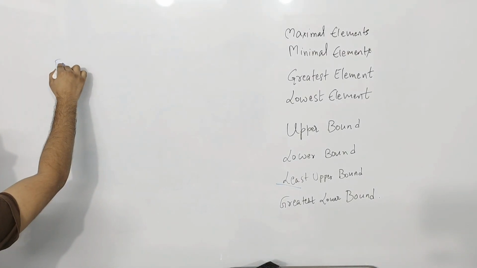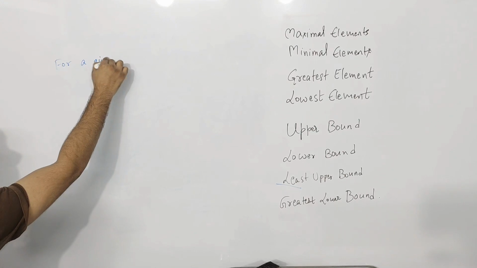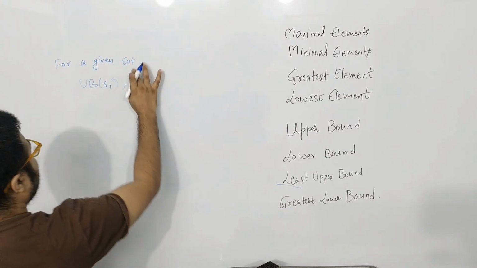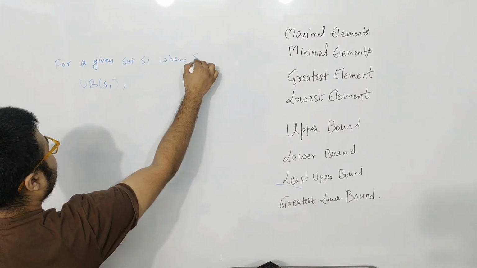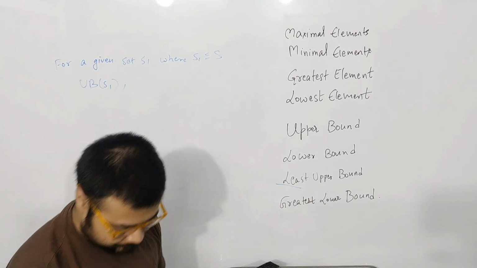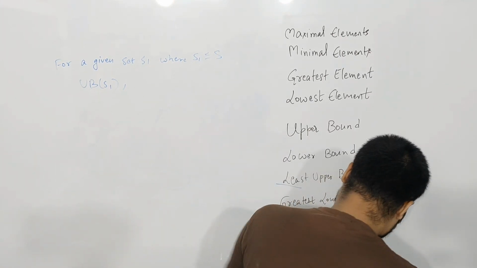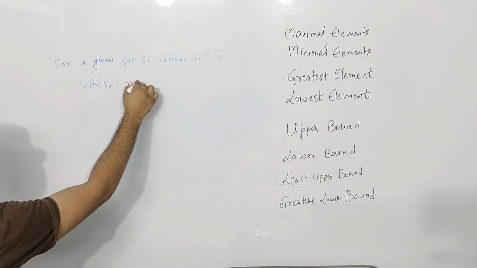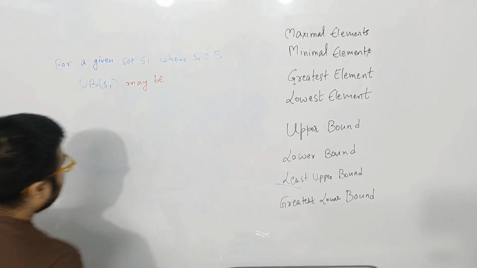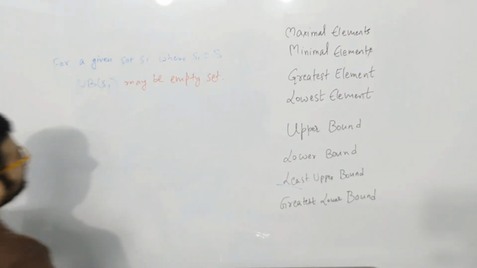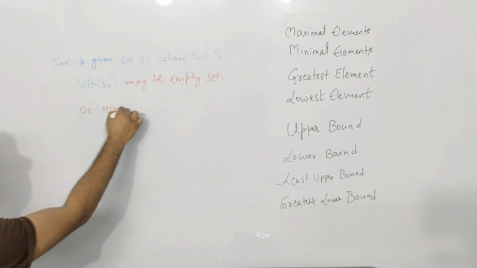So the summary is this. For a given set S1, where S1 is a subset of S, which is a poset, the upper bound of S1 may be an empty set, or may not be an empty set.